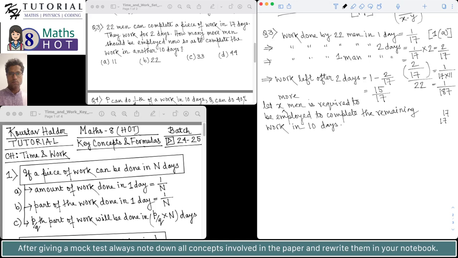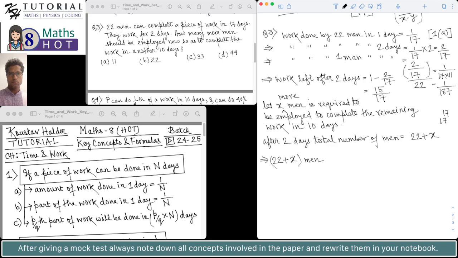Because after 2 days, if we are employing X more men, then the total number of men will be 22 plus X. So after 2 days, the total number of men is equal to 22 plus X men.